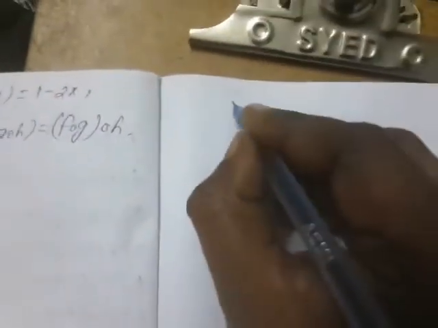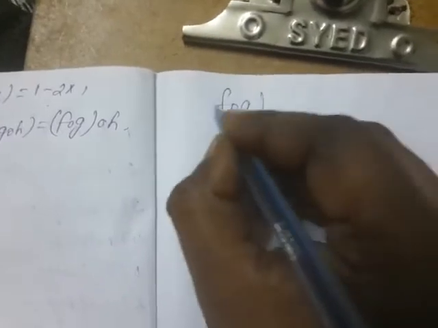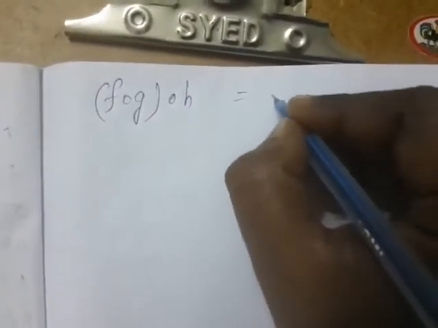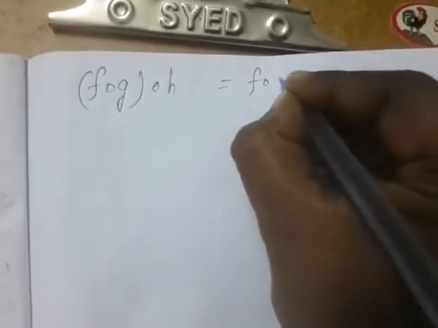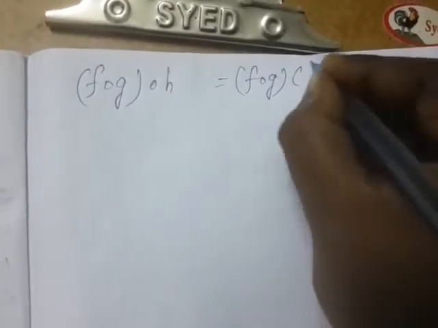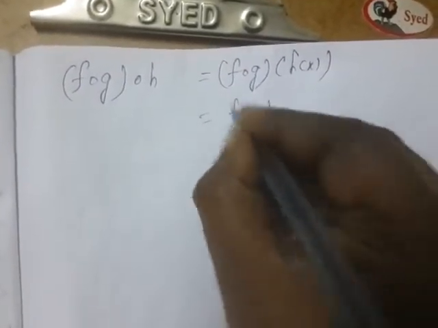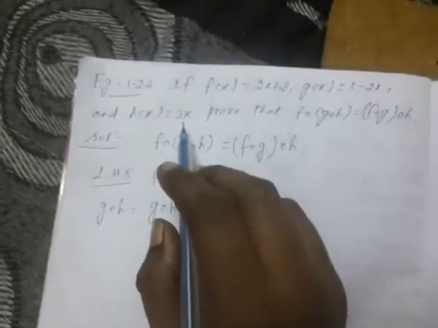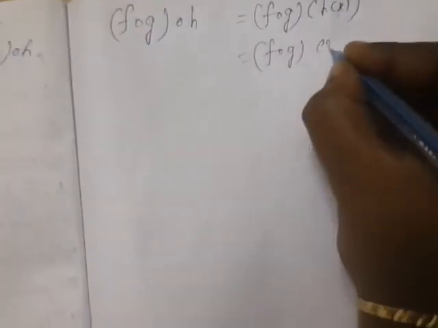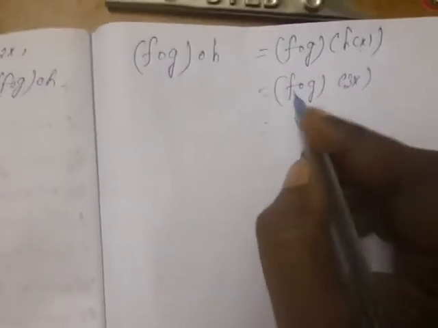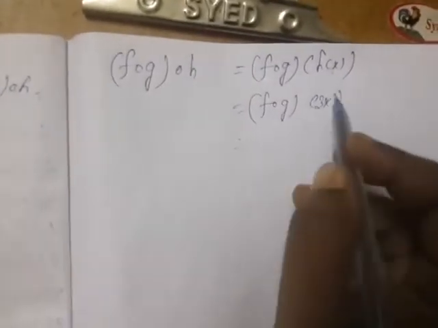Next we find (f composite g) composite h. How do we write this? F composite g of h of x, and h of x value is 3x. So we have f composite g of 3x.